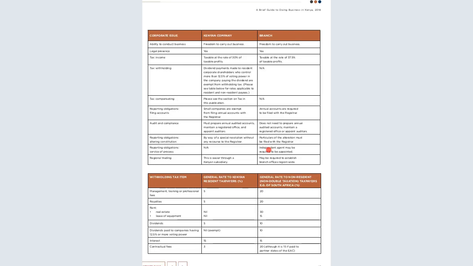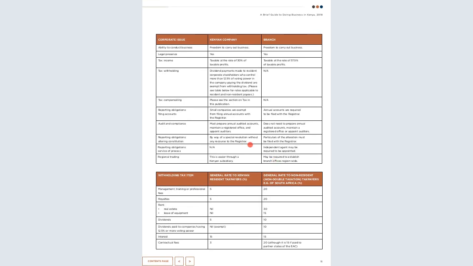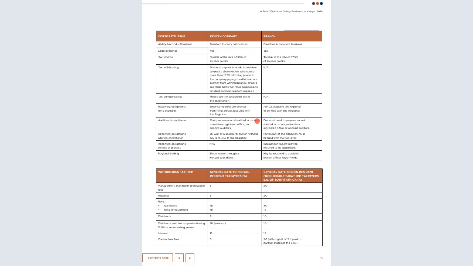So this is a brief guide. A corporate issue: withholding tax, income, general rate of Kenya residence of taxpayer, Kenyan company, branch. The ability to conduct business is the corporate issue. Then we have the freedom to carry out business in Kenya. It's a Kenyan company. Then the branch, what about the branch? Freedom to carry out business. And then the legal presence, yes, for a Kenyan company, it's given.